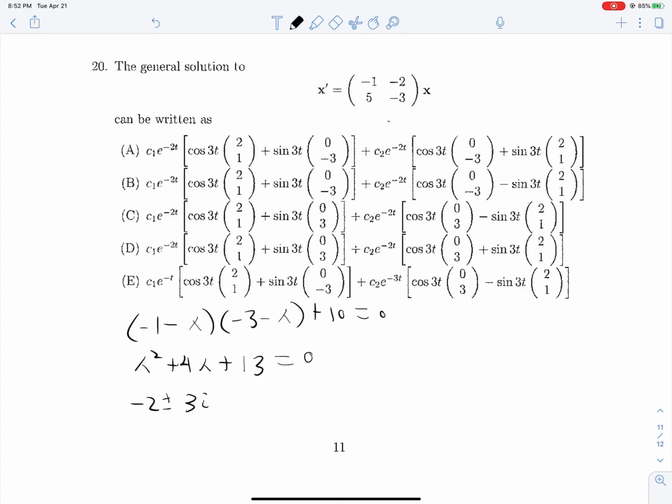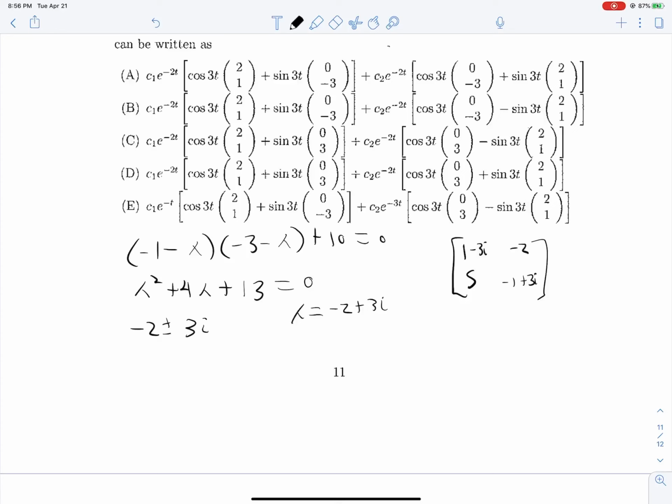So we can plug in one of these eigenvalues. Let's say that lambda is equal to negative 2 plus 3i. A minus lambda I, I need more space. So we will have 1 minus 3i, negative 2, and then 5, and negative 1 plus 3i.